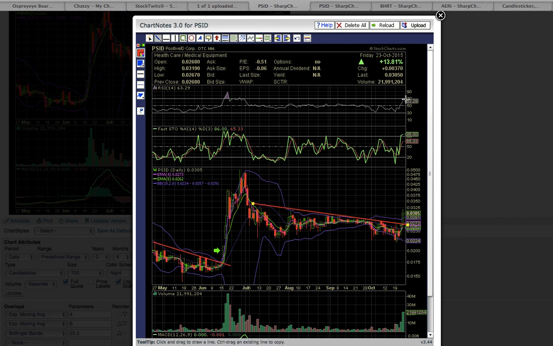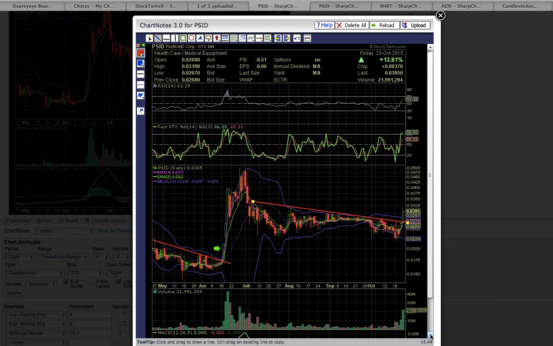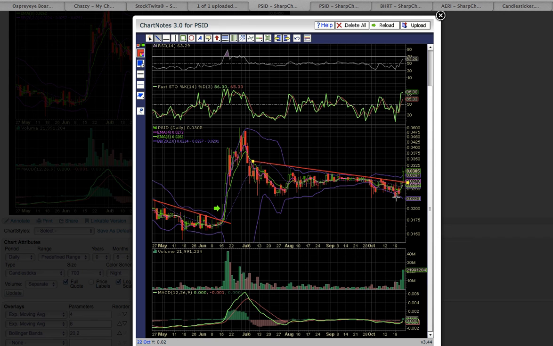You've got RSI and Fasto at similar levels. You've got the biggest volume since this last run, and this is the first time that the upper Bollinger Band has been broken. And as you can also see here, the lower Bollinger Band is pulling away from the upper Bollinger Band. So that's always a good sign that this is a strong move.